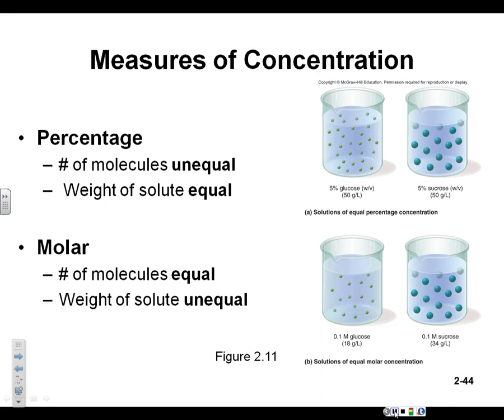Look at the beaker on this side, and look at this one. Do I have more molecules in this one or in this one? Which one has the most molecules, glucose or sucrose? If I have nitrogen in here, then here I need 2 times the number. Make sense?